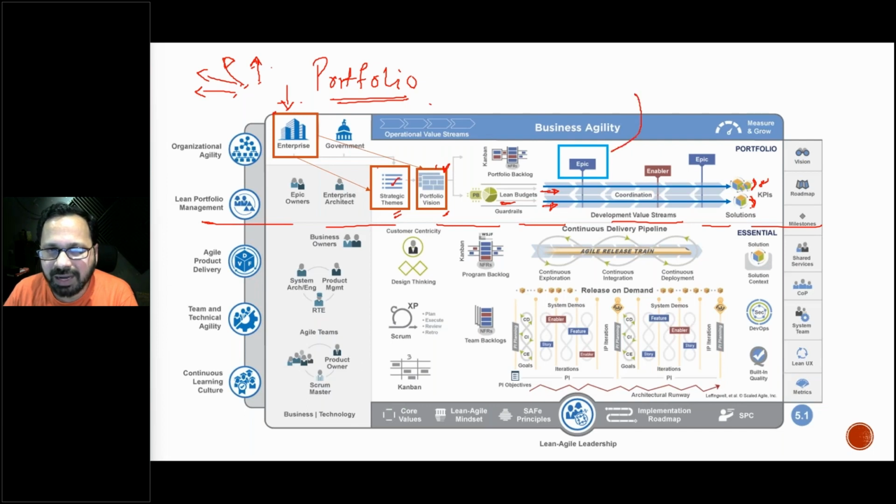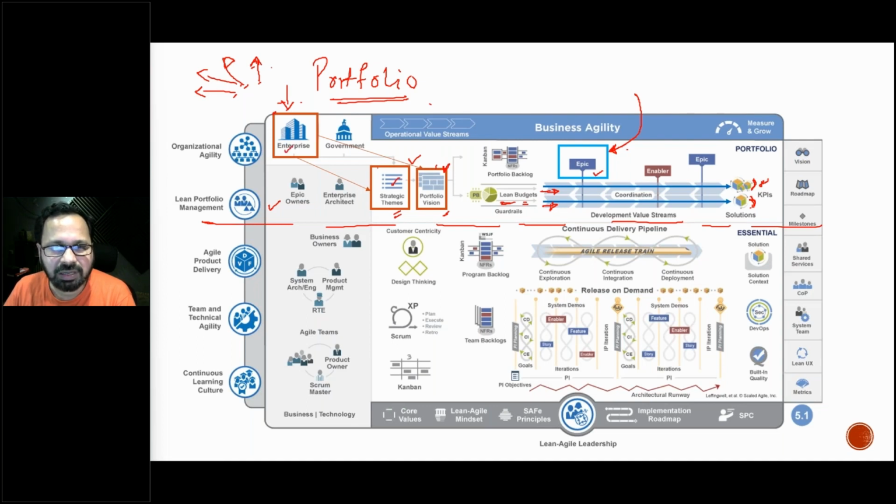For that, SAFe has created a higher-level requirement called an epic. Epics are the bigger-level requirements, and the portfolio management layer will fund and allocate budgets to an epic if it is a significant and critical initiative, which aligns to the strategic theme of the overall enterprise.